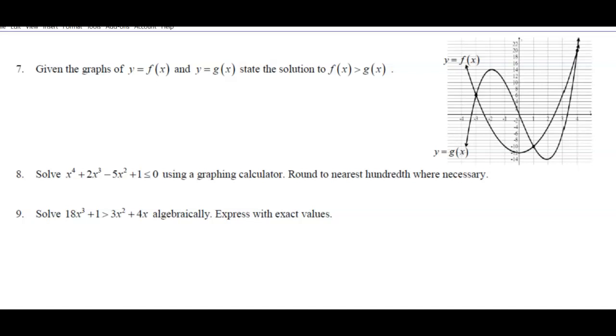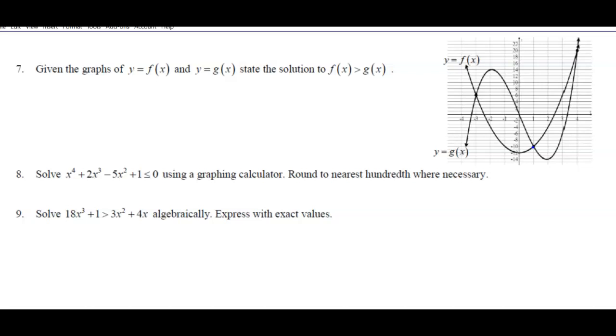So take a look closely. I would circle the parts where this is true. Okay? So y equals f of x is this graph here. It's the parabola. And g of x looks like a cubic. Okay? Looks like there's 3 intersection points.